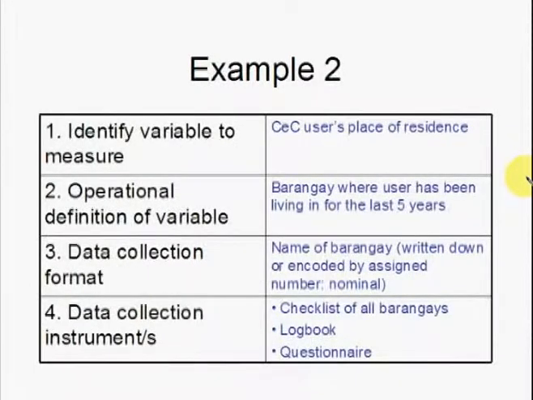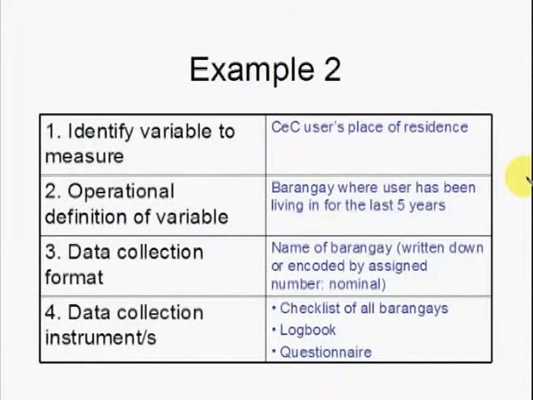So for example, Barangay Santa Cruz might correspond to the code 1, and then the next barangay like Barangay Poblacion will be encoded as number 2. So this can be a nominal type of data collection format.